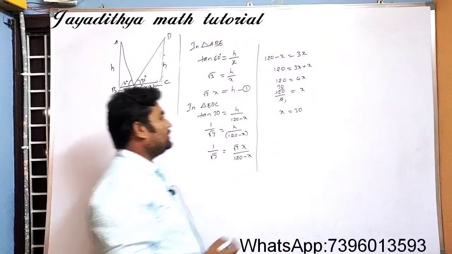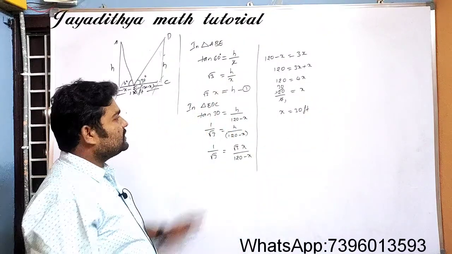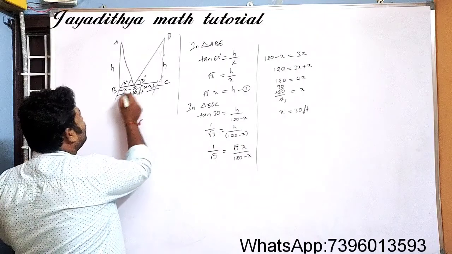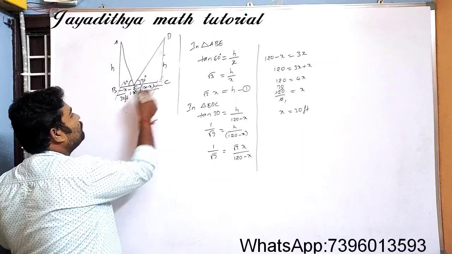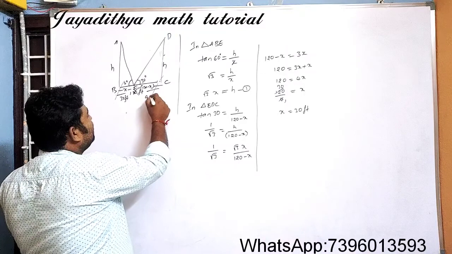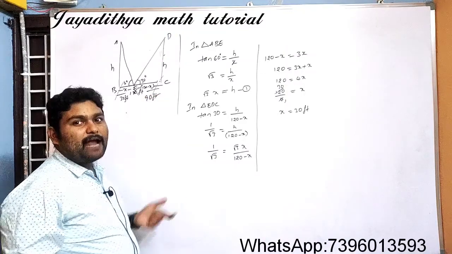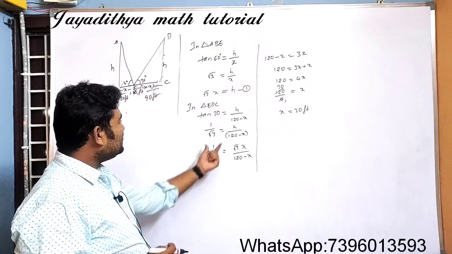Now you got a distance. If E is at a distance of 30 feet from the first pole, what will be the other distance? 120 minus 30, that will definitely be 90 feet. And what is the other thing you need to find here? You need to find the height. What is the height here?